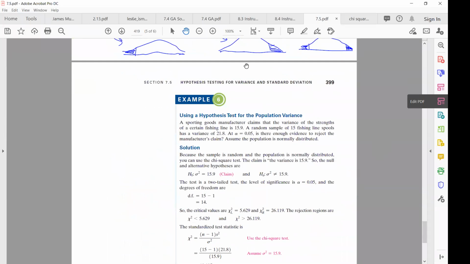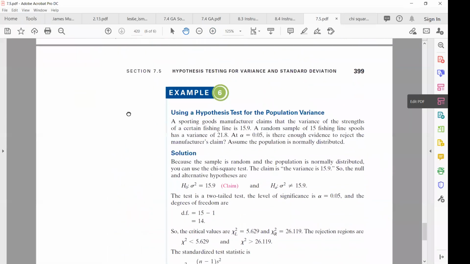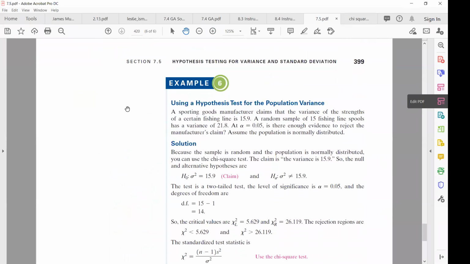Perfect. A sporting goods manufacturer claims that the variance, sigma squared, of the strength of a certain fishing line is 15.9. So the keyword is "is." What's given?